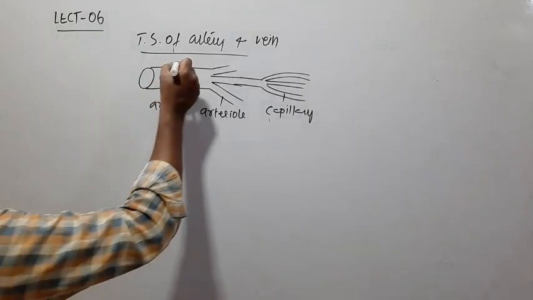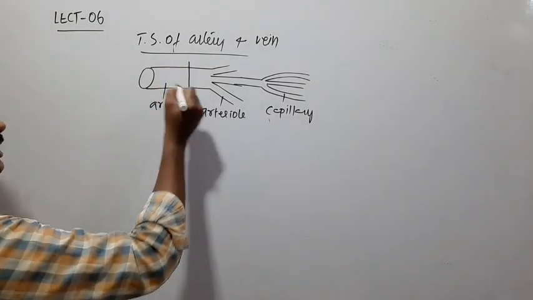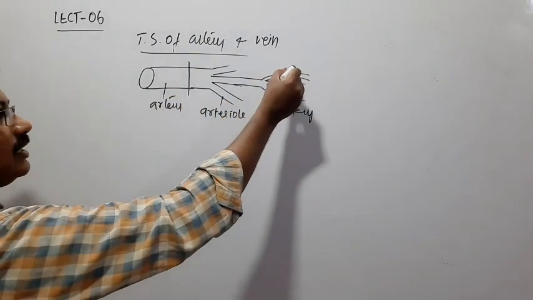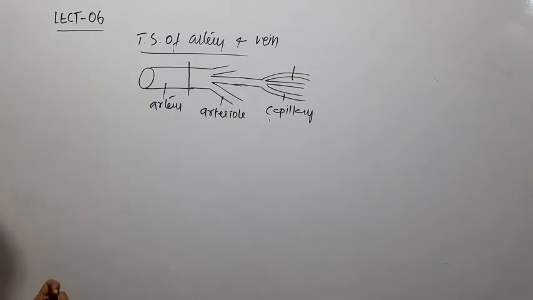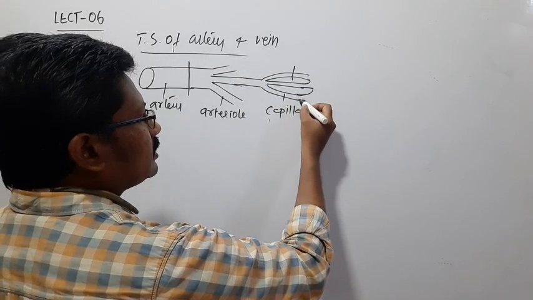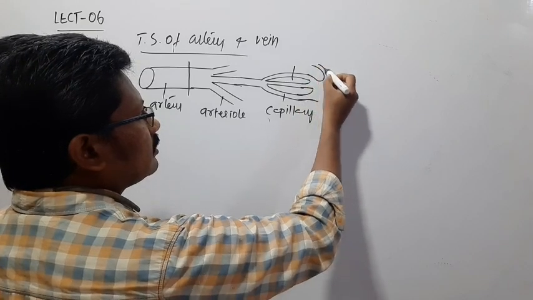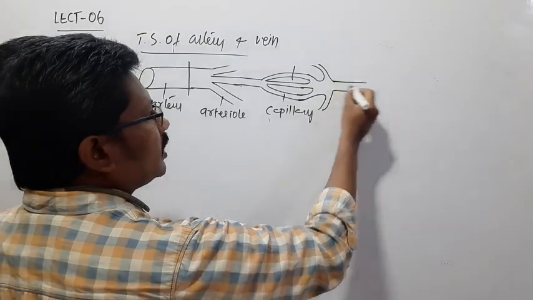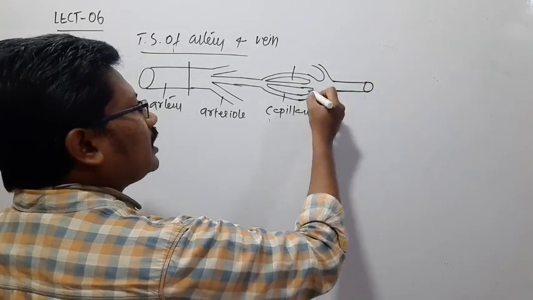So let's see here, if I take a cut on this artery, how it looks, and then we'll see even the transverse section of the capillary. And we already know that these will unite to form a venule.